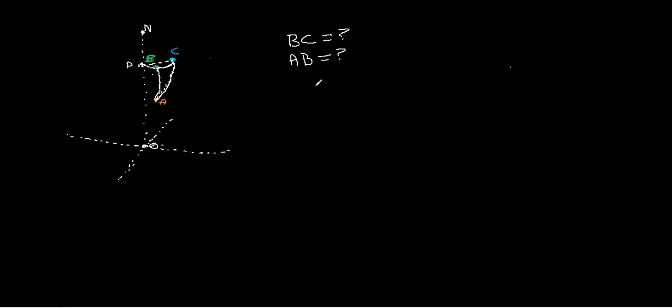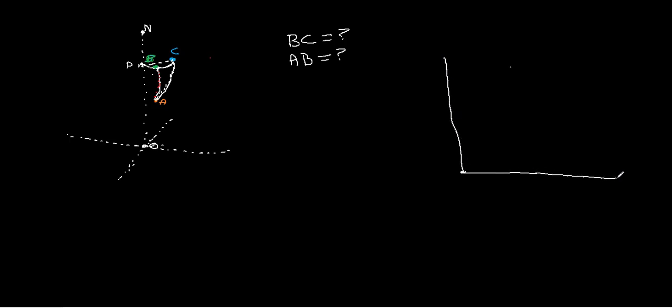So let's start off by finding AB. I'm going to color this red. Let's find this length right here first, AB. Well, let's draw ourselves out. Since A and B are on the same line of longitude, we can ignore the effects of longitude for now.